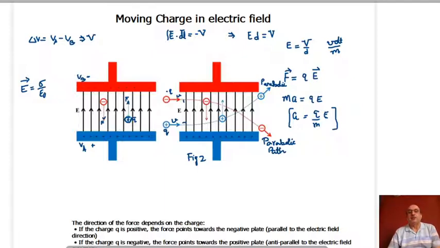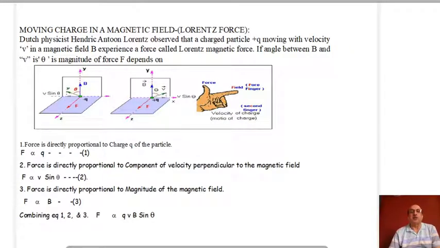Now in the next condition, when a moving charge is inside the magnetic field, the moving charge also experiences a force.